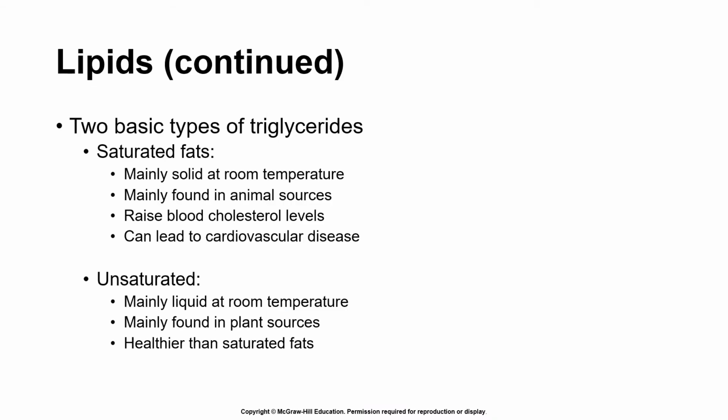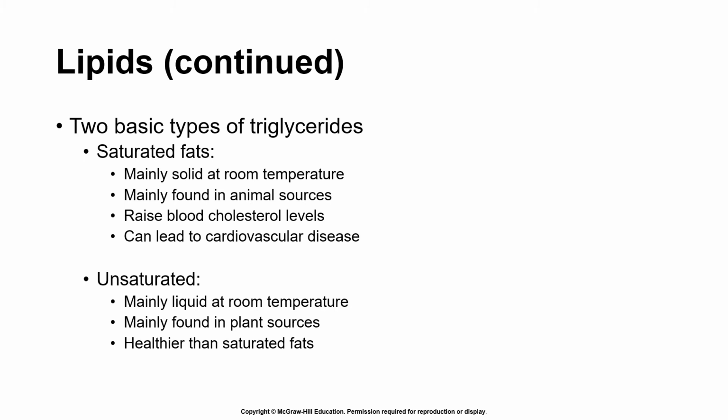Lipids chemically can also be saturated or they can be unsaturated. If they are saturated fats, we tend to think of them as solid at room temperature, linked a bit more commonly to animal food sources. They are noted, especially in the case of meat, not so much dairy, but meat, to raise our blood cholesterol levels and thereby potentially promote early cardiovascular disease.